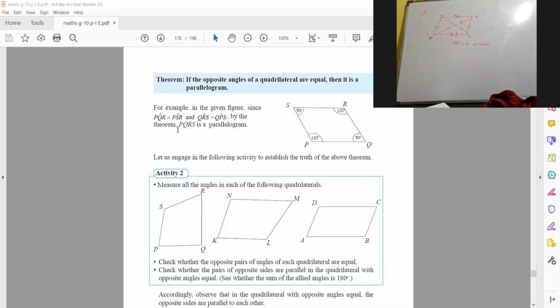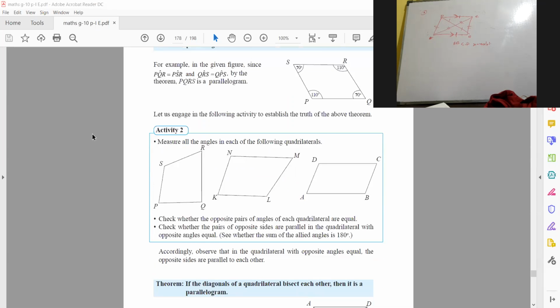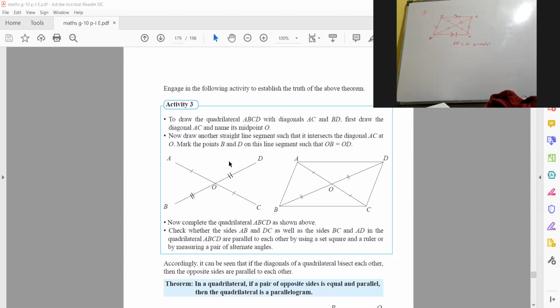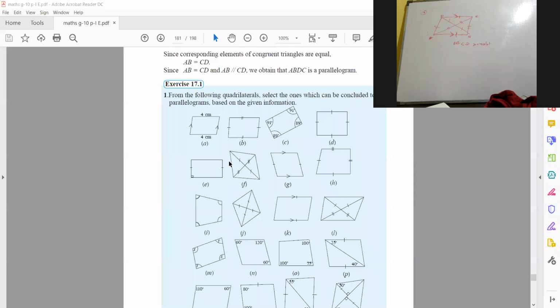Now let's do a simple exercise from that to make sure you got it. Let's do the 17.1, right? Here it is to identify which ones are parallelograms, right?